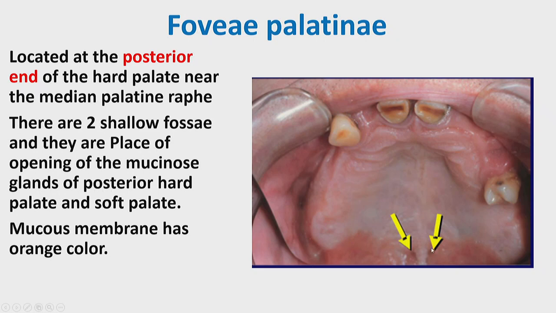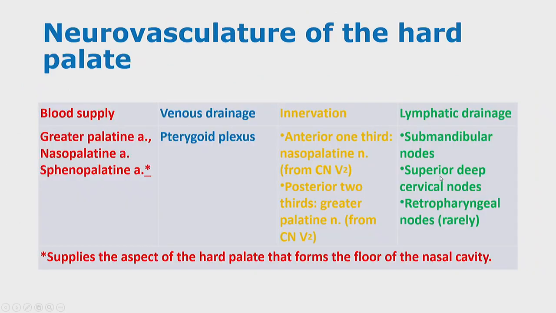Usually the color in this area is orange, so if you look at the hard palate here, it has an orange color, which is distinguished from the other mucous membrane of the hard palate.